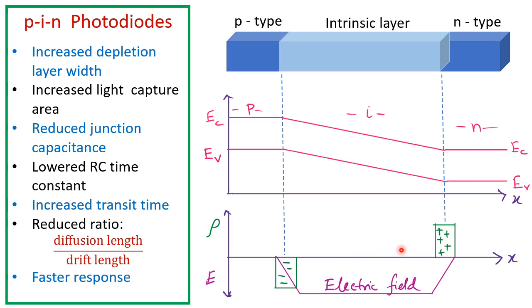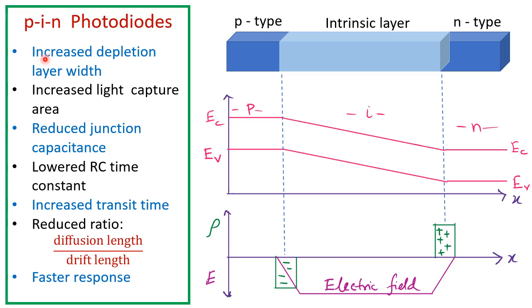So there is this space charge region which is spatially separated. And clearly, I'm going to now have an electric field which is more or less uniform across this large intrinsic region.